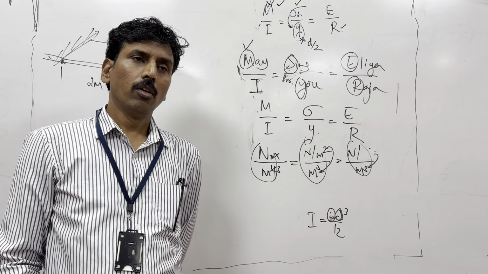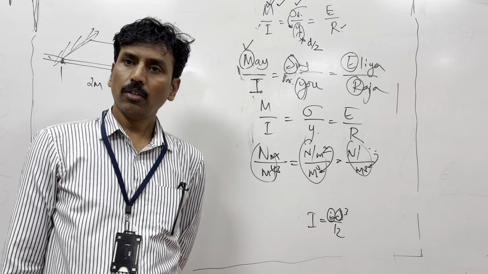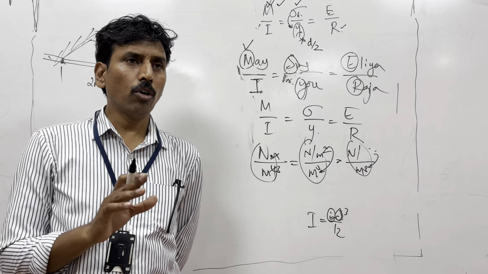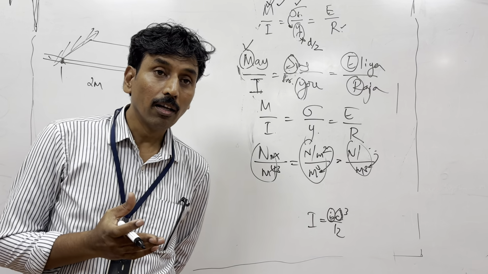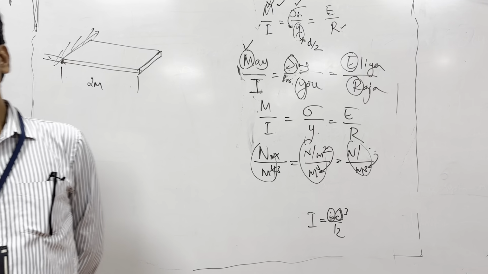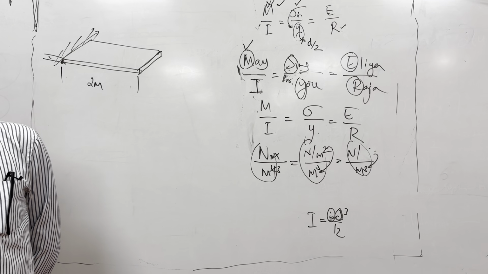Okay, diving board is made up of what? Is it made up of steel? Guys, diving boards are made up of steel or aluminum or what? Marble. Yeah, sometimes wood.